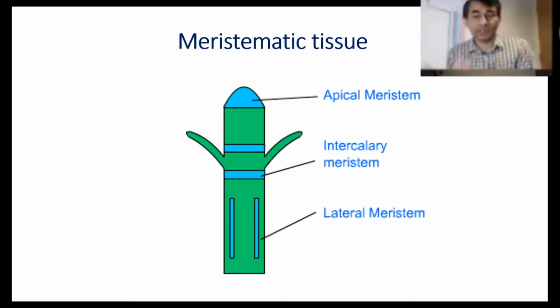So it helps in the growth of this region of the plant. Okay, so that is about cells of meristem, the classification of meristematic cells. The cells here are very active. They keep generating new cells all the time. So I'm just going to go to the next slide now.